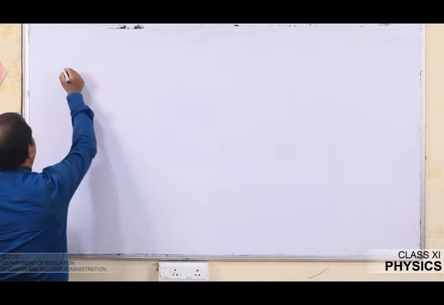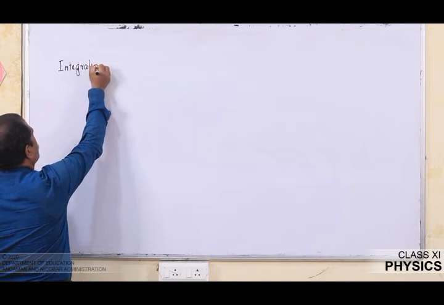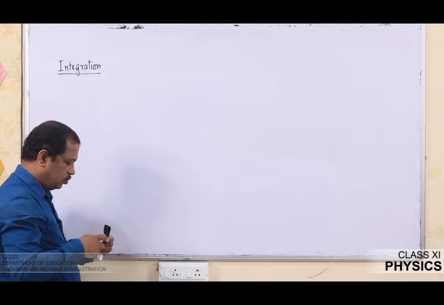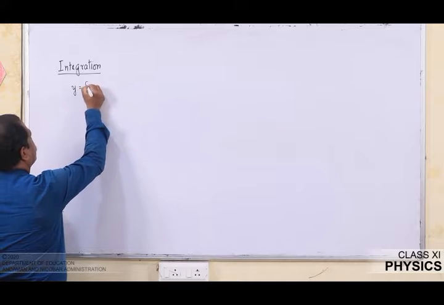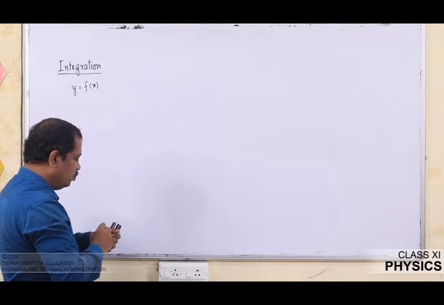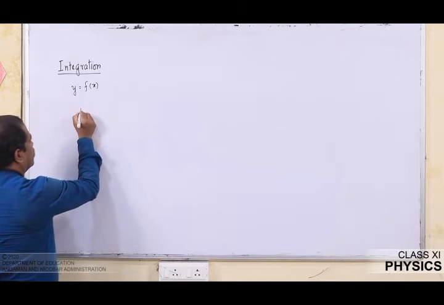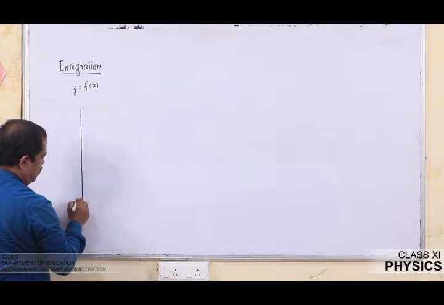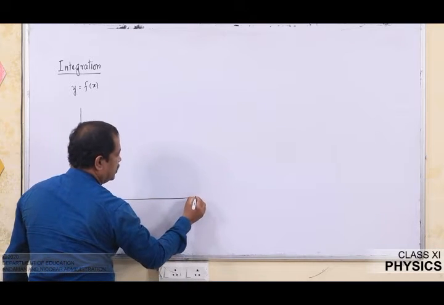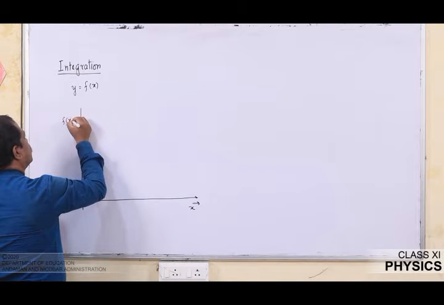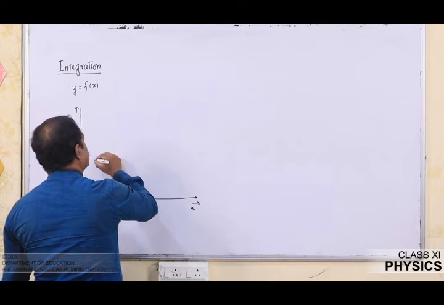So, let me suppose that I have a function given as y is equal to f of x, and if I try to plot the graph of this function, let us imagine that the value of x changes along this direction, and my function varies along this direction, and the graph works out to be, say, like this.